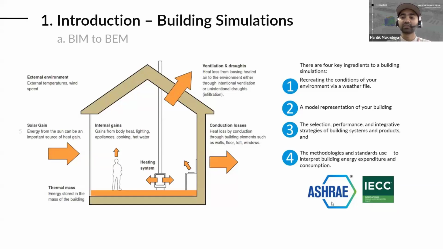The third is the performance aspect of all those geometries, as well as understanding your conditioned space, which comes from the energy code, which is again tied to your project location. So with this information, we'll be able to simulate energy calculations for you.